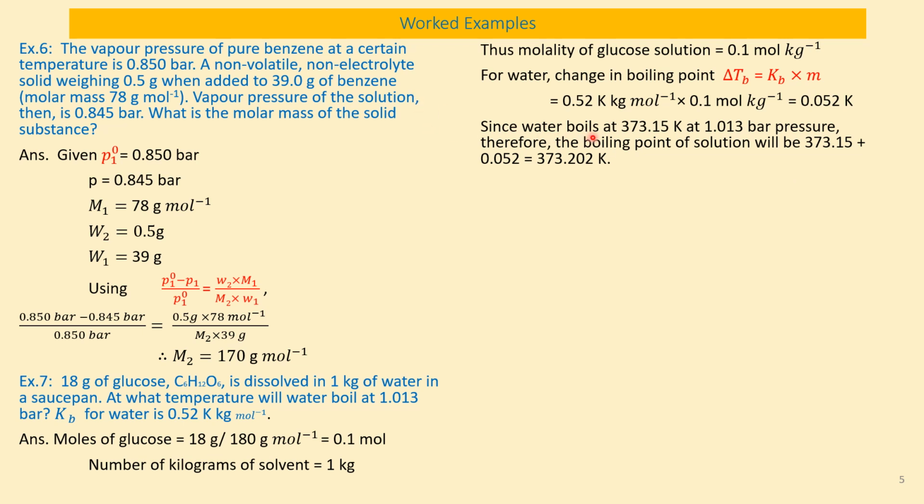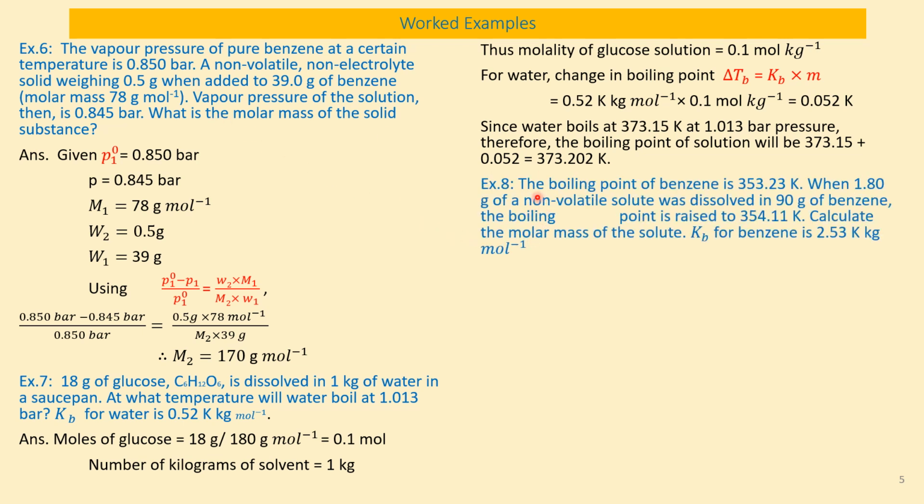Since water boils at 373.15 Kelvin at 1.013 bar pressure, therefore the boiling point of solution will be 373.15 plus 0.052 Kelvin, that is equal to 373.202 Kelvin.